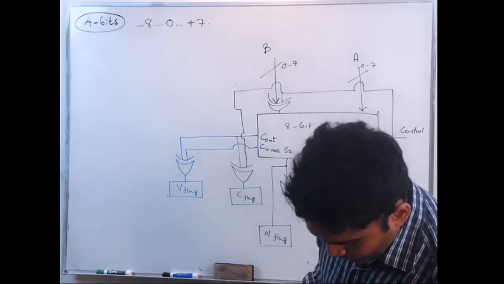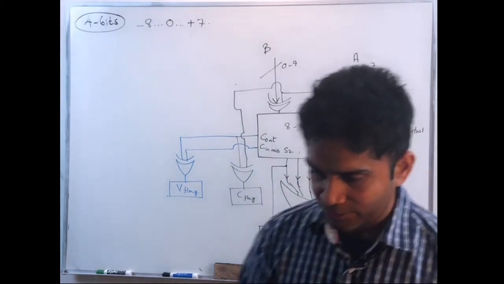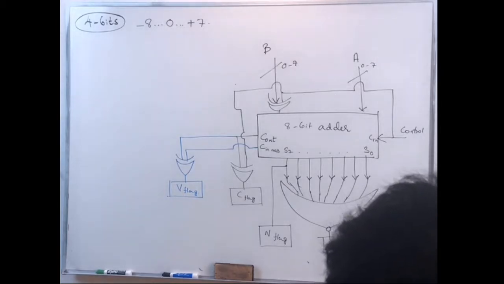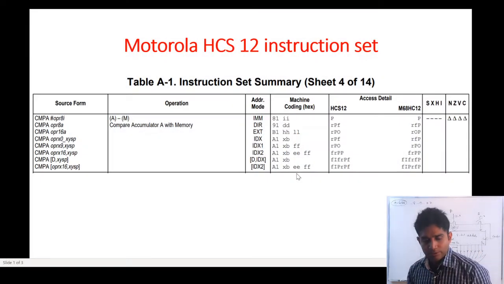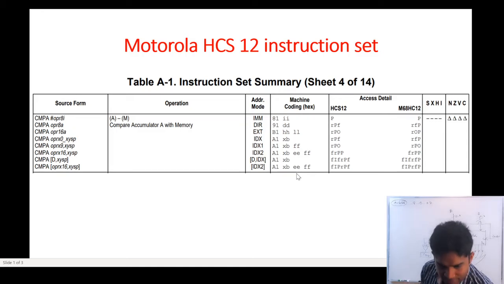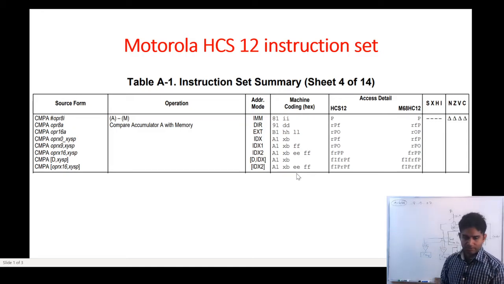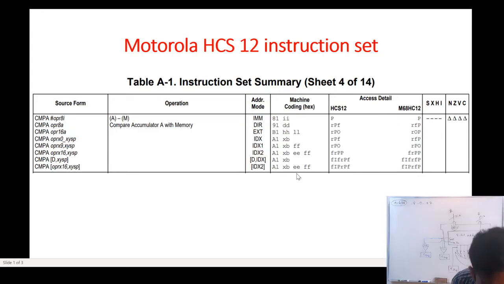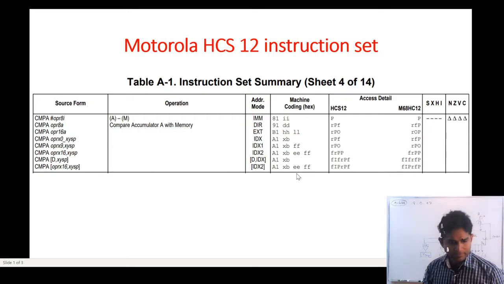Now I would like to point your attention to the posted slide over there. You see that on the posted slide, on the last column, NVVC, right? The NVVC are the flags.